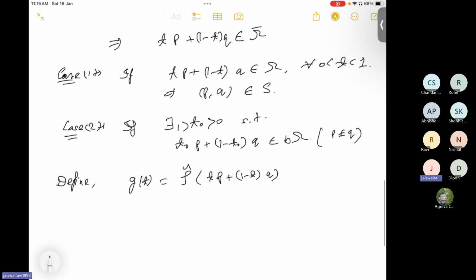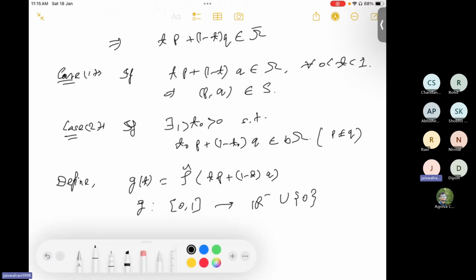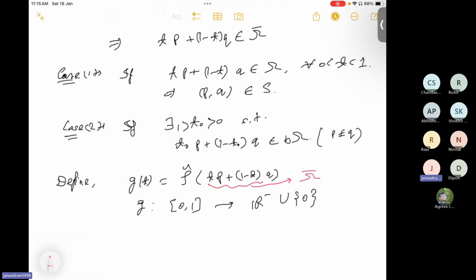Note that this g is a function from 0 1 to R minus union 0, because this quantity is always in omega closure. So our g is always less than or equal to 0, and g is equal to 0 at the point t naught.